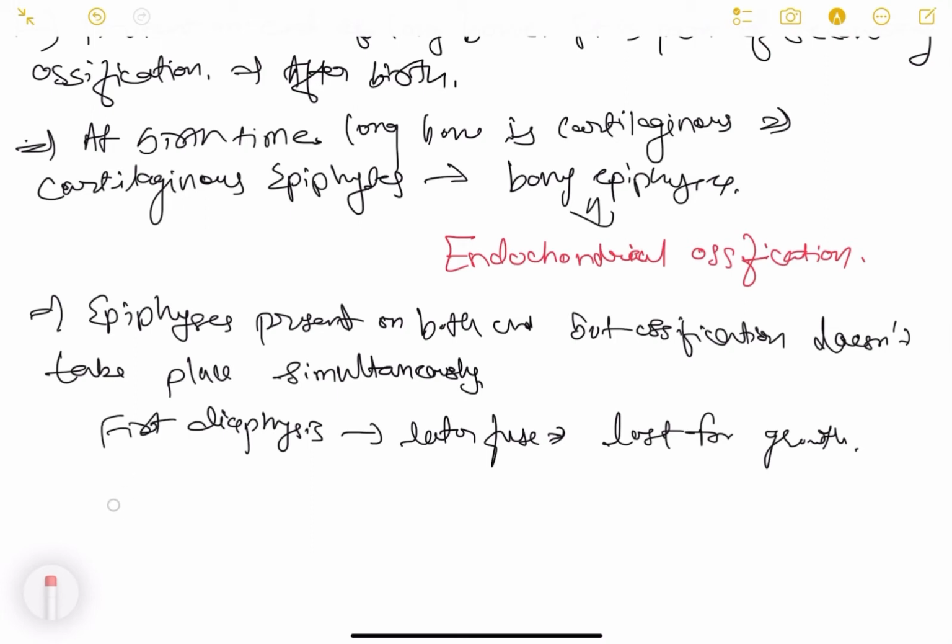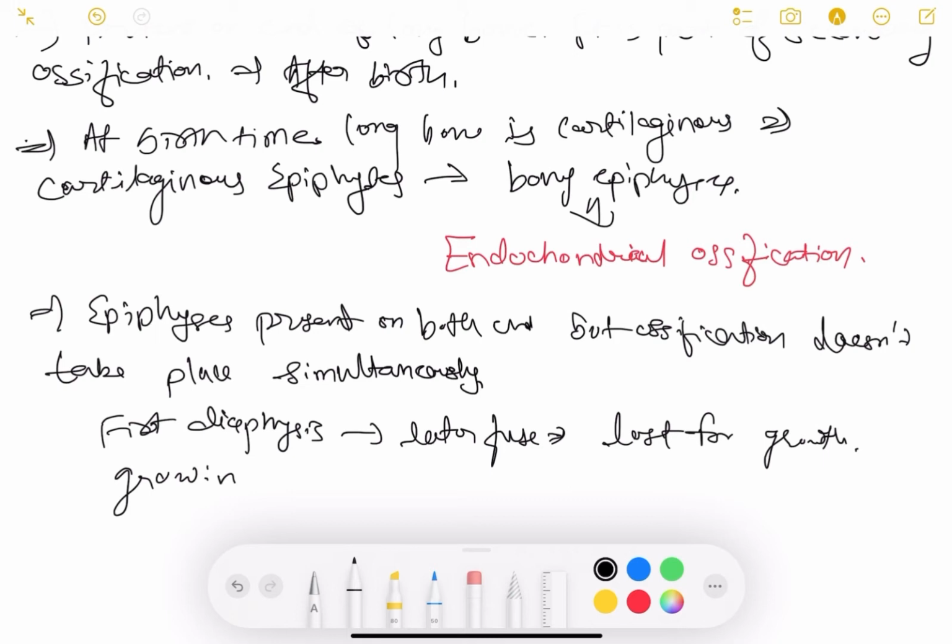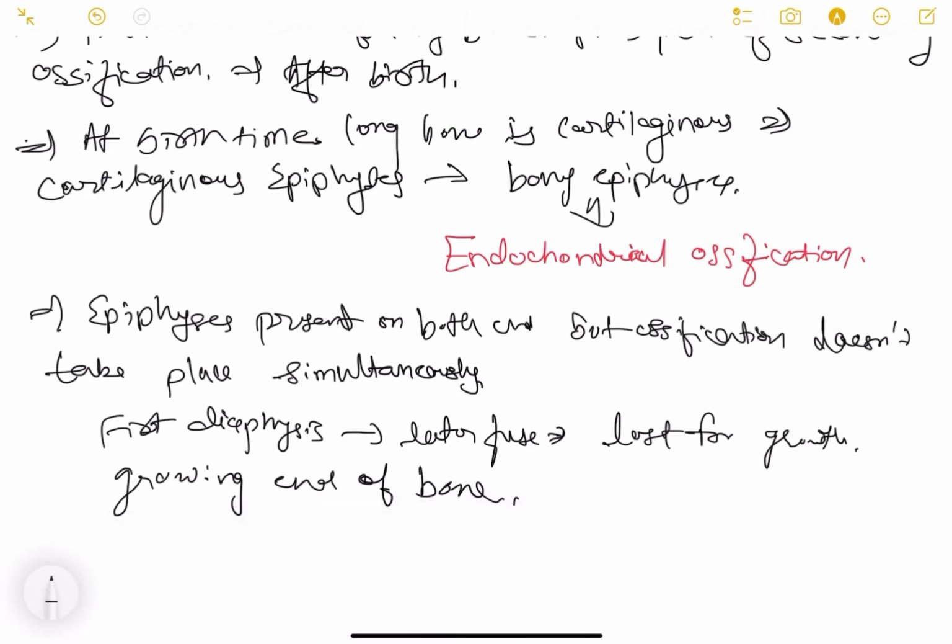So it is called growing end of bone due to this. Is it clear? Both epiphyses fuse on the ends, but the epiphysis which fuses last, the last moment of fusing, is known as the growing end of bone.